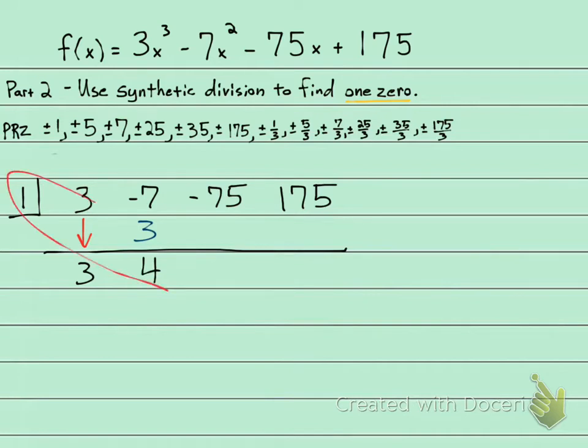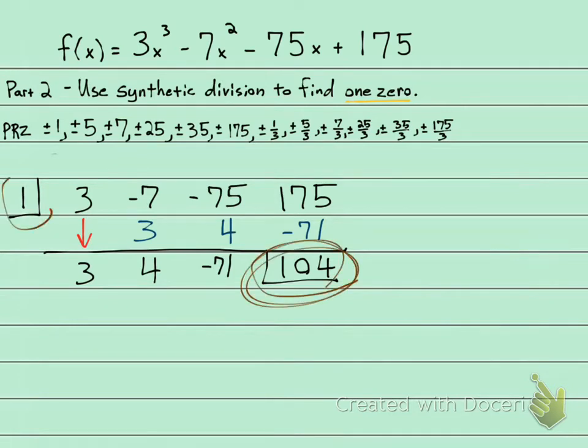Now I'm going to do 1 times 4 is 4. -75 plus 4 is -71. 1 times -71 is -71. And then in the box I get 104. Okay, if this is not a 0 right here, then this is not a 0 of the function.